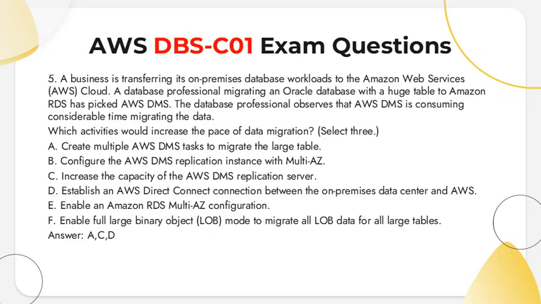D. Establish an AWS Direct Connect connection between the on-premises data center and AWS. E. Enable an Amazon RDS Multi-AZ configuration. F. Enable full large binary object (LOB) mode to migrate all LOB data for all large tables. Answer: A, C, D.